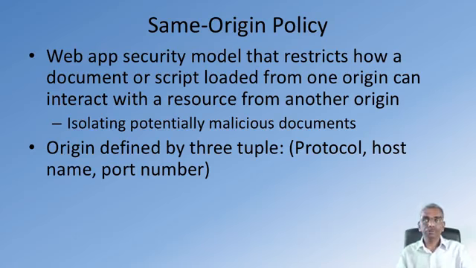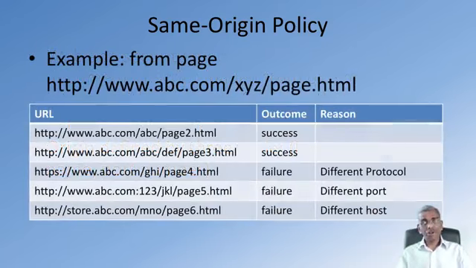To further elaborate on the same origin policy, let's look at an example. Suppose we have a web page that is loaded in from this site listed here, www.abc.com, and in a folder XYZ and the page .html being loaded in here. This page may involve links or even JavaScript code that might issue XML HTTP request to other resources on the web page.